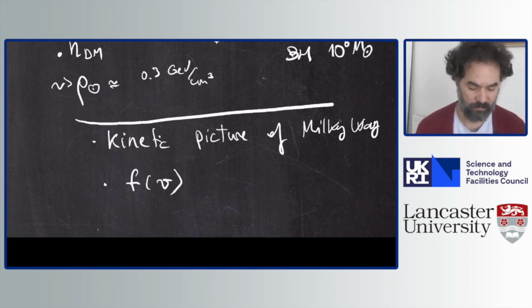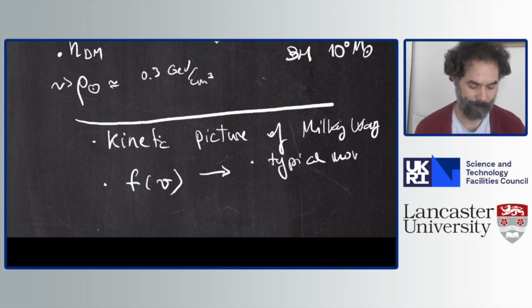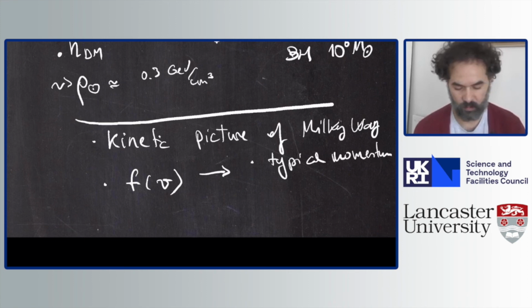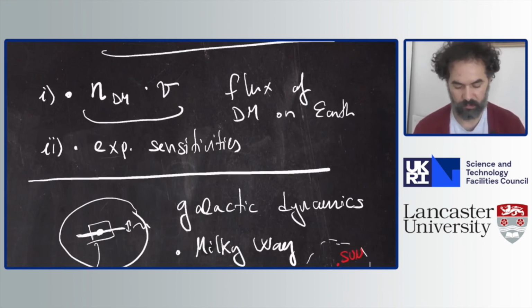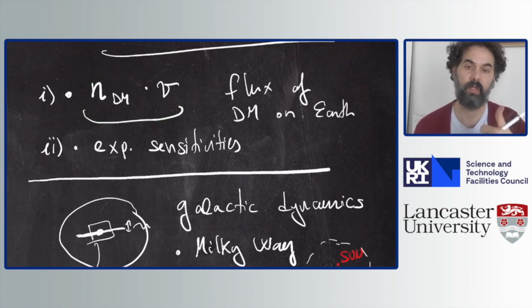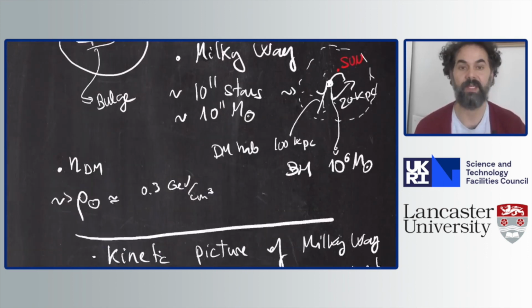This is very important because this is what is going to characterize the typical momentum. So once we know this from kinetics, we know the typical number density given a mass, but we also need to know the typical momentum, because remember that we want the flux, so we need to know the velocity and the number density. And this we're going to do in the next video, so thank you very much.